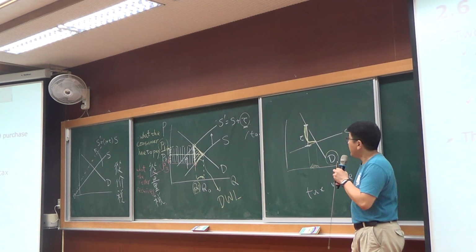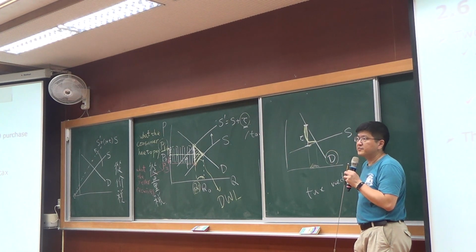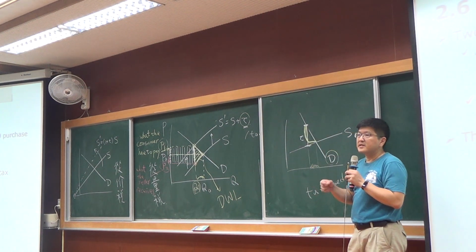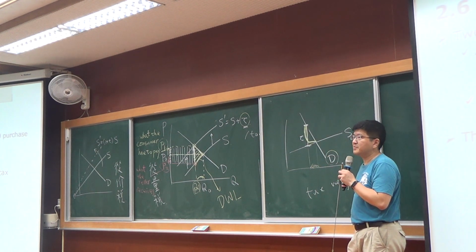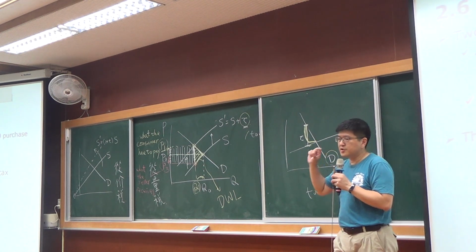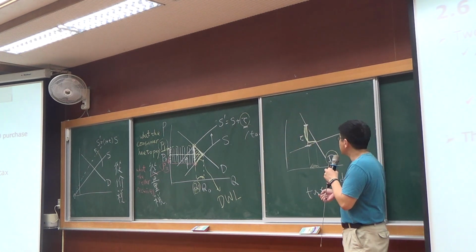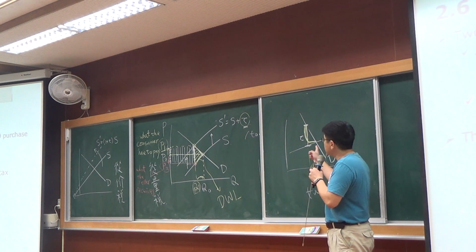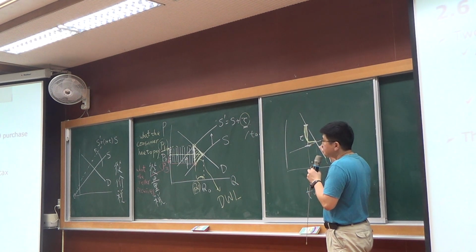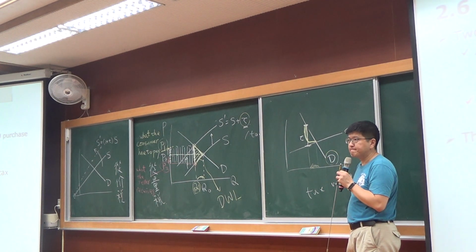Okay? But for the supply, for the seller, for the producer, it is an elastic supply curve, because for the same percentage change in price, for a 1% change in price, the quantity supplied would rise dramatically. Okay?